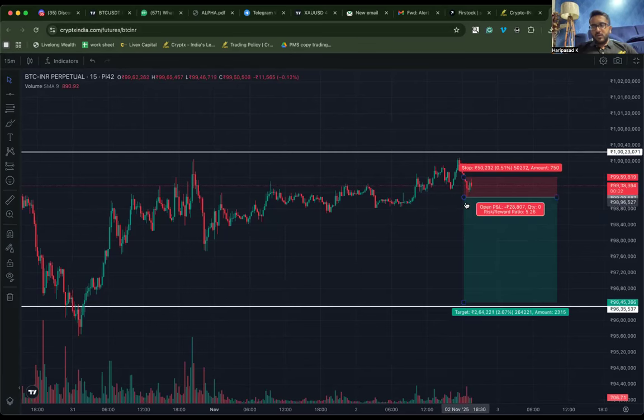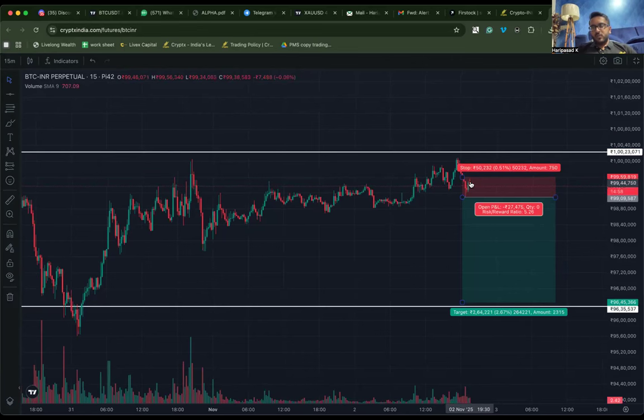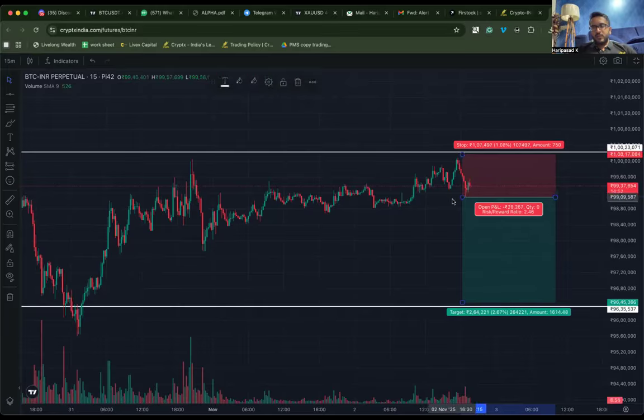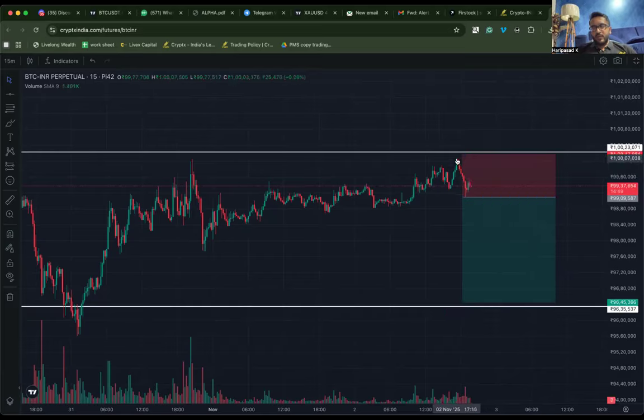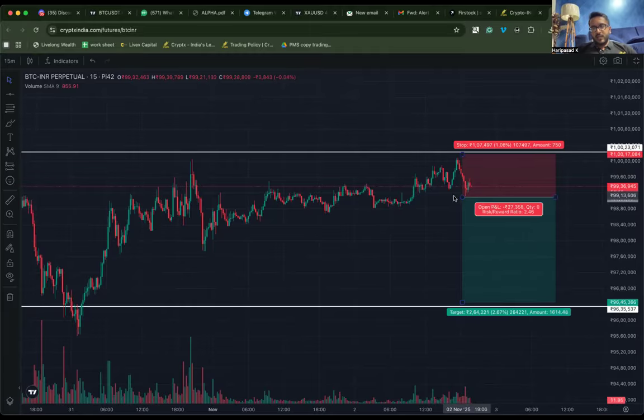If I'm to take a short, I can consider the swing low getting broken to enter into a short, with my stop loss either at this particular swing level or above it at the swing high. So either I can go for a short at the low of this candle with my stop loss at this swing level, or go for a short with my stop loss at the high over here, that is the previous swing level.